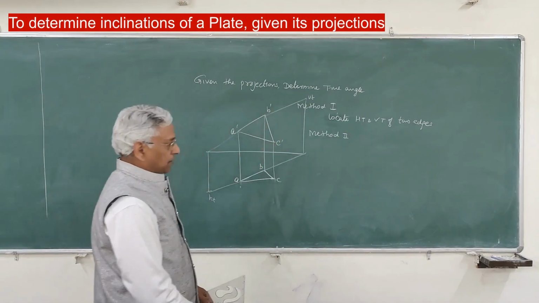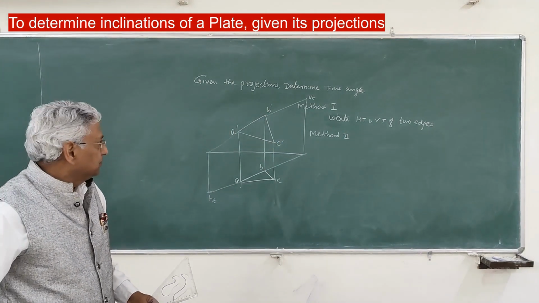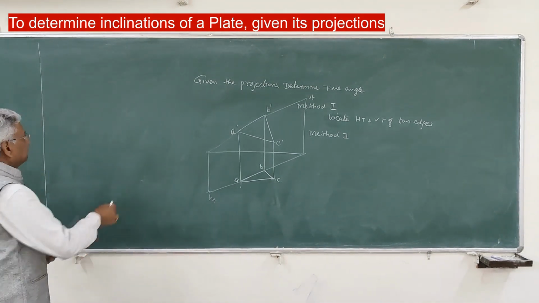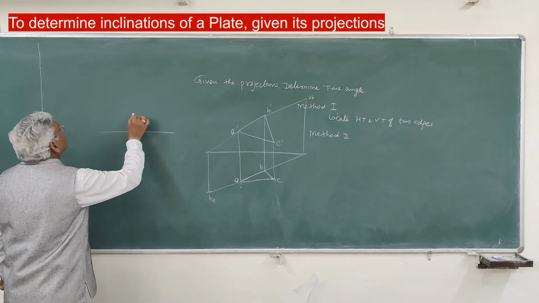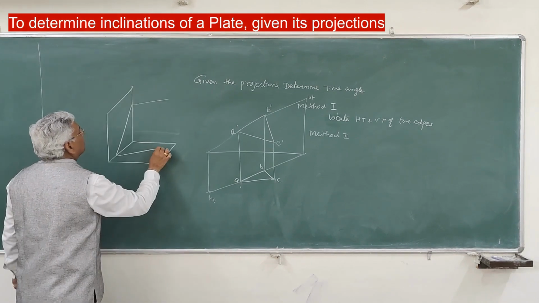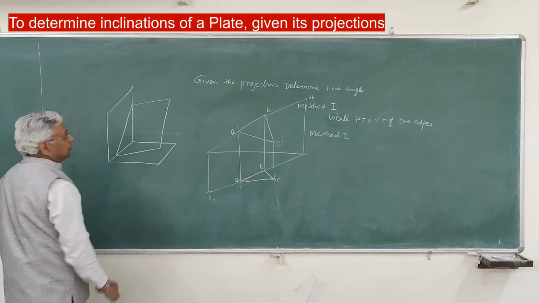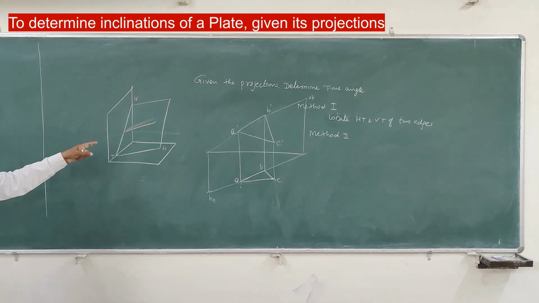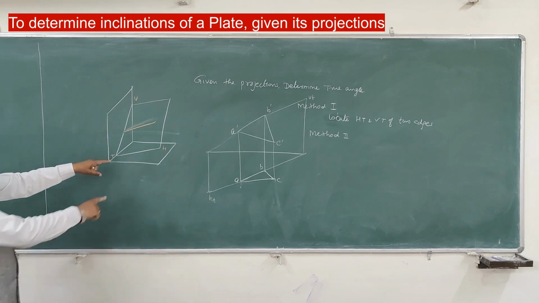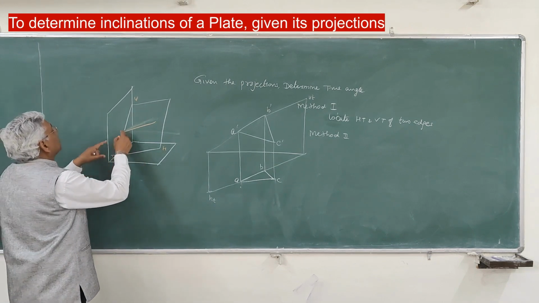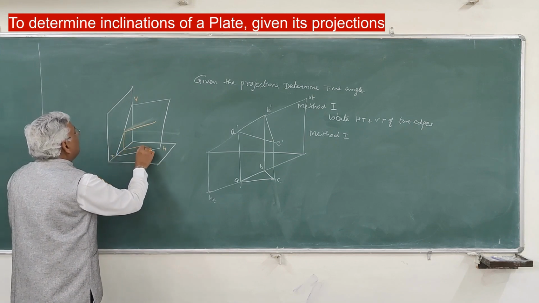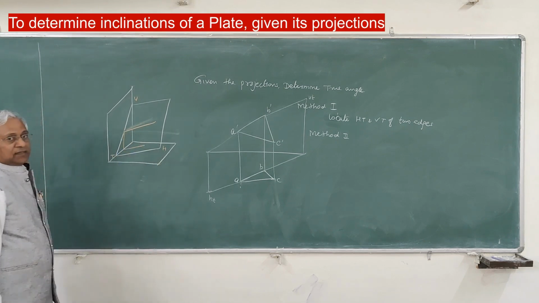Method 2: if you remember, when we were discussing the oblique plane, I told you about H parallel and V parallel. If you draw a line in the oblique plane which is parallel to the horizontal plane, its elevation will be parallel to the ground line and its plan will be parallel to the horizontal trace.